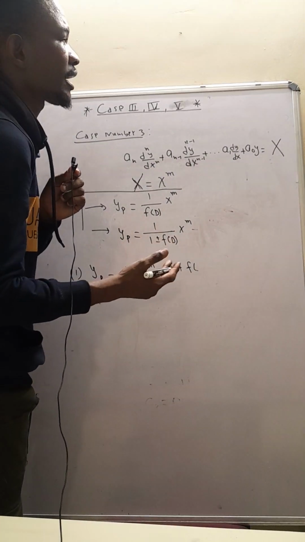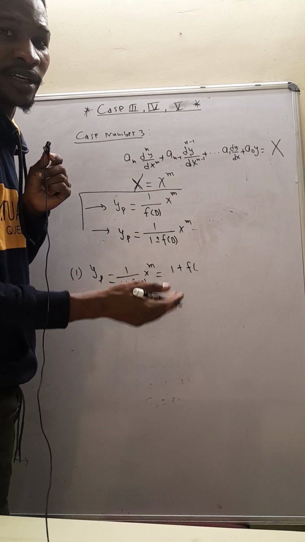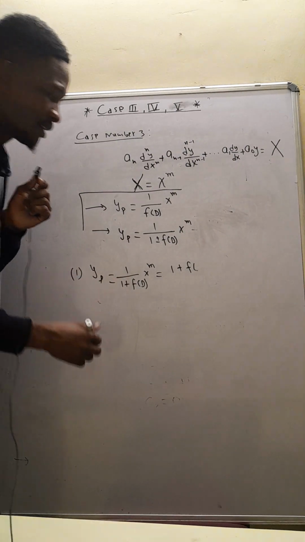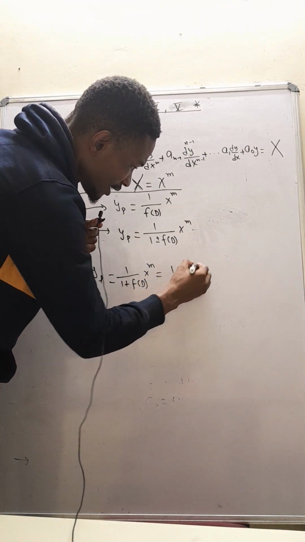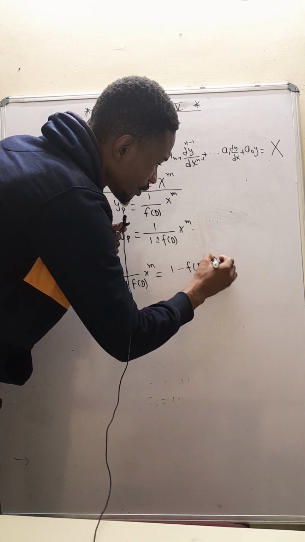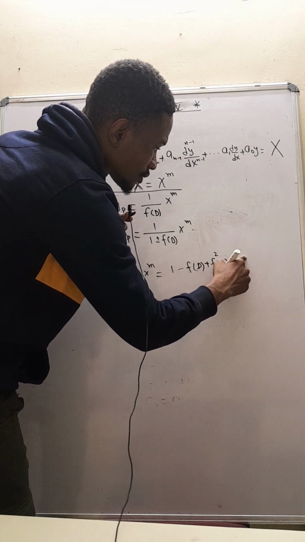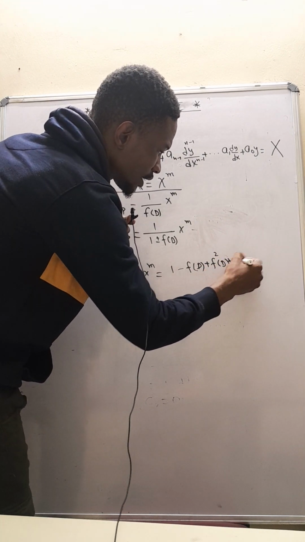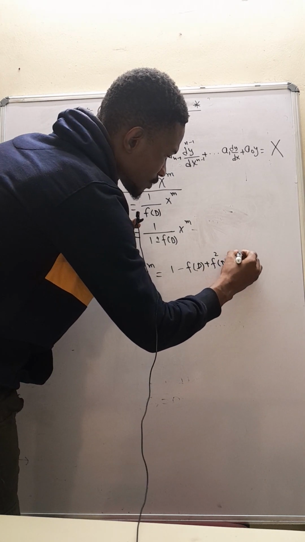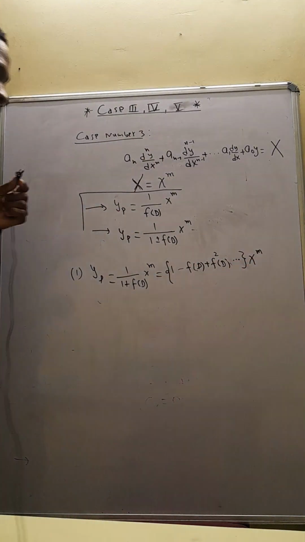There is an explanation for that, just applying some Taylor series and this kind of thing. I don't want to bother you, I just want to go straight to the point. So it will be minus f of D plus f of D squared, and so on to infinity, times x raised to m.